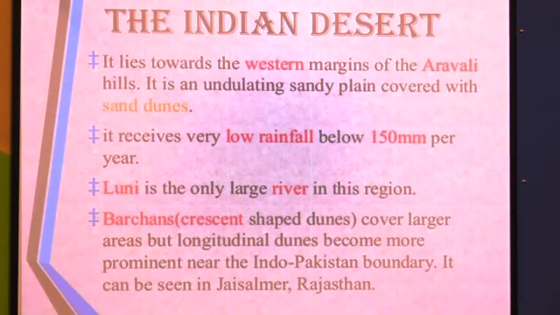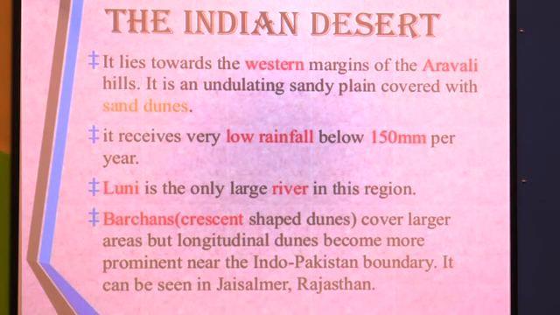See students, when you observe your textbook on page number 14, the Indian desert is there, and due to less rainfall, ladies and people are moving here and there searching for water. The Indian desert is a part of the western part of India, near the Aravalli hills. It is covered with sand dunes, and 150 millimeter rainfall is received in this desert area.